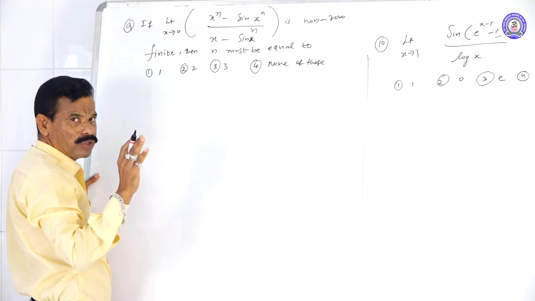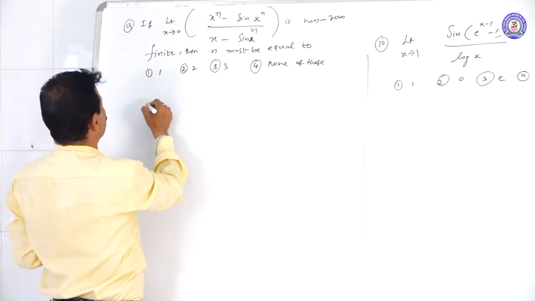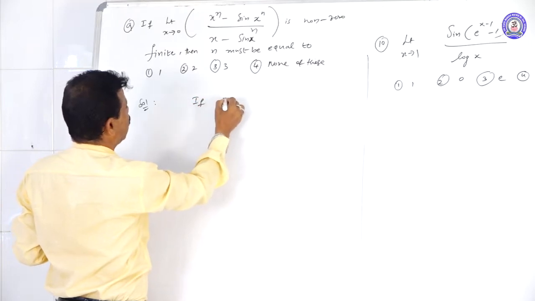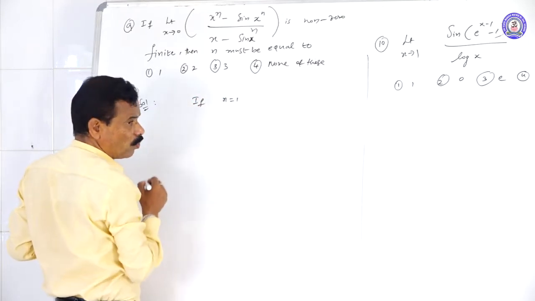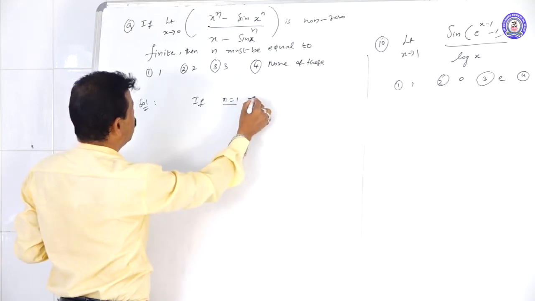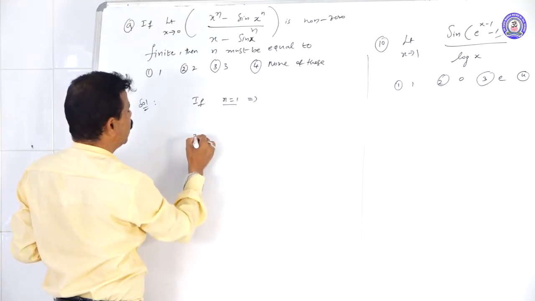It is not 0. So here the solution: if we apply n is equal to 1, then is it suitable or not?